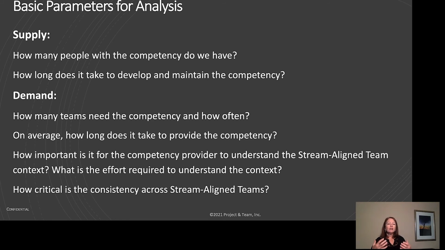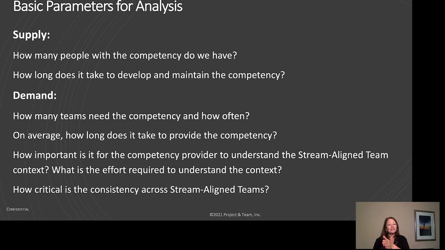On average, how long does it take for someone to help an application team apply the analytics element? Another key thing is, how important is it for the competency provider, meaning someone who understands analytics, how important is it for them to understand that application team and their context?